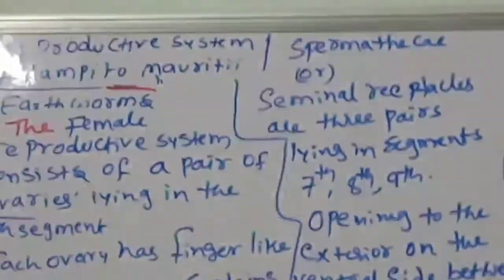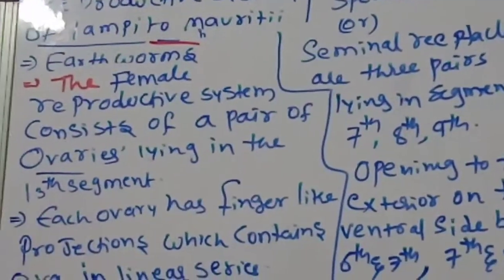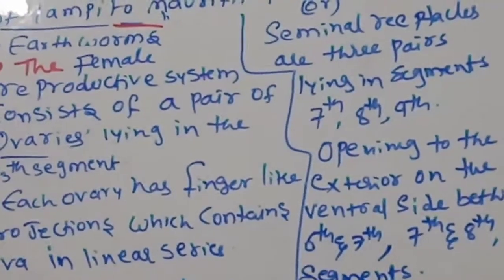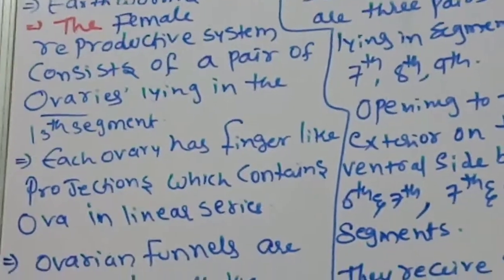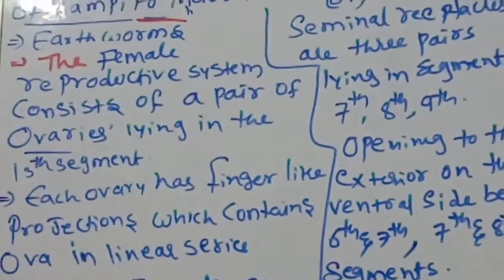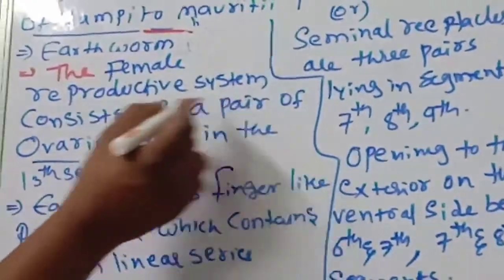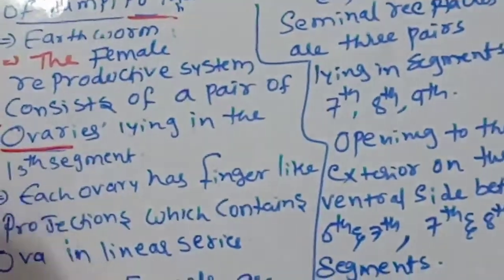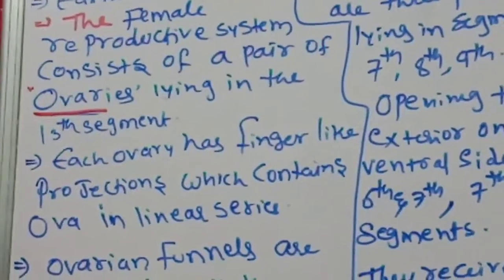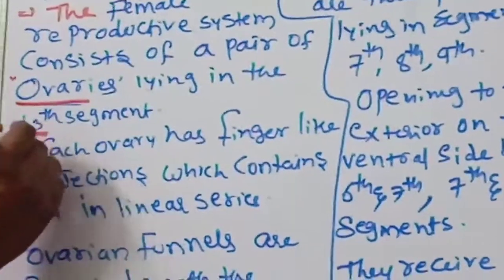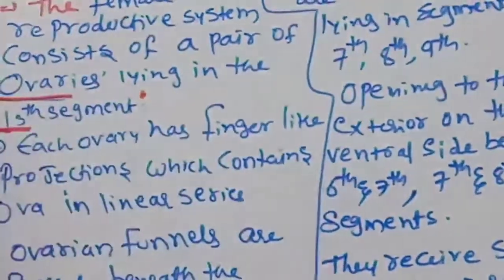Children, observe very carefully. We are discussing the earthworm female reproductive system. It consists of a pair of ovaries lying in the 13th segment.